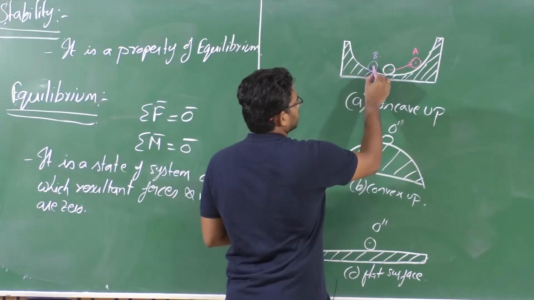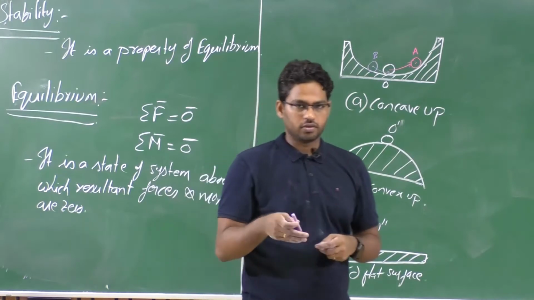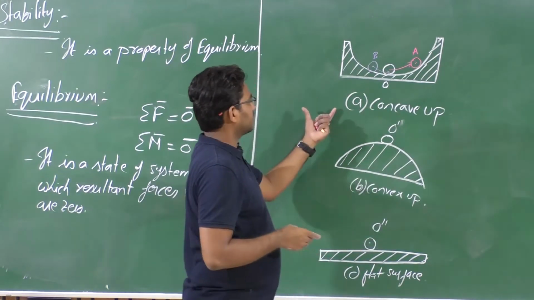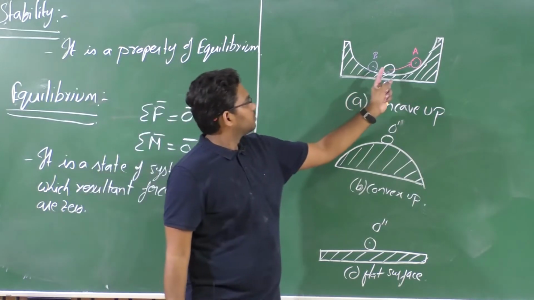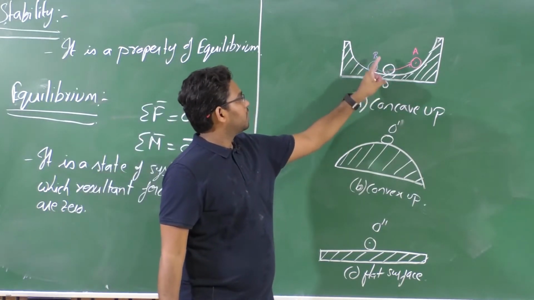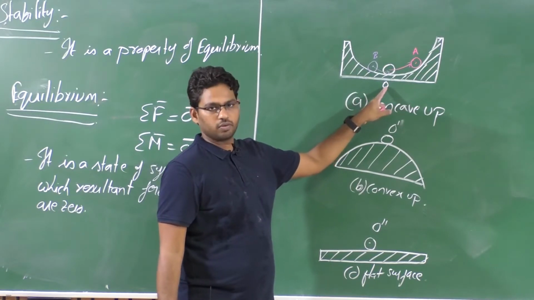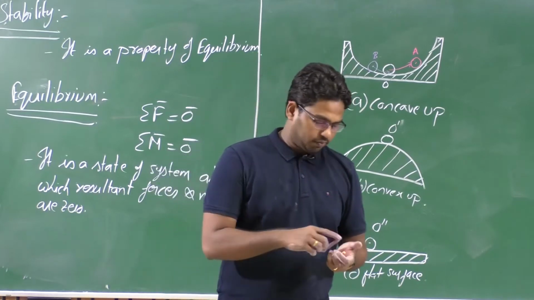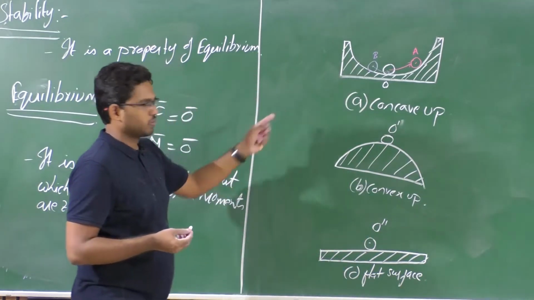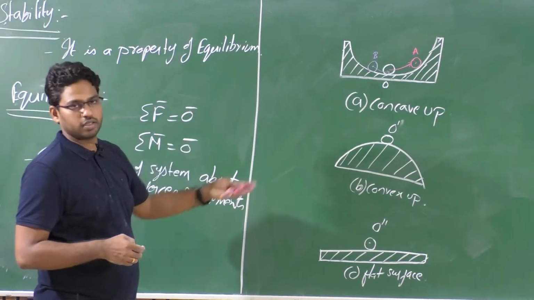After that, it may start moving back towards O, and this oscillation continues. Once the disturbance is dissipated, or damped, the ball will attain the point O, which is the initial equilibrium state. That particular equilibrium is defined as a stable equilibrium.